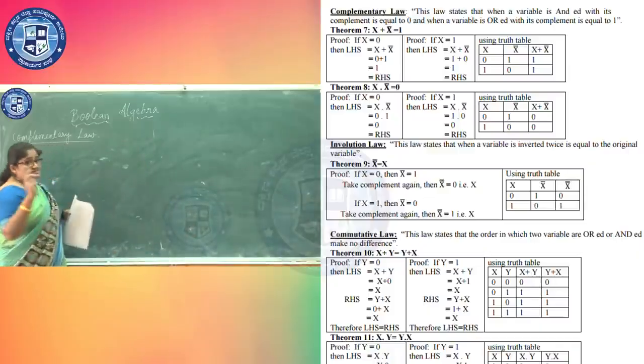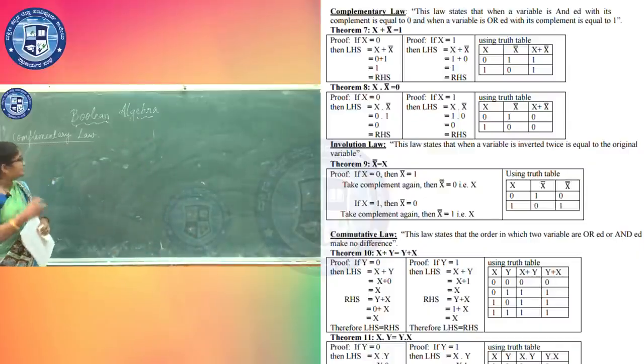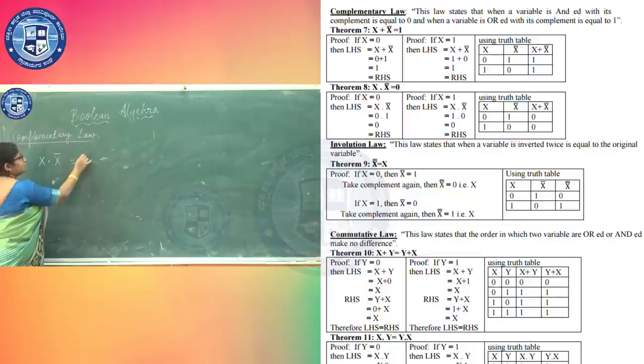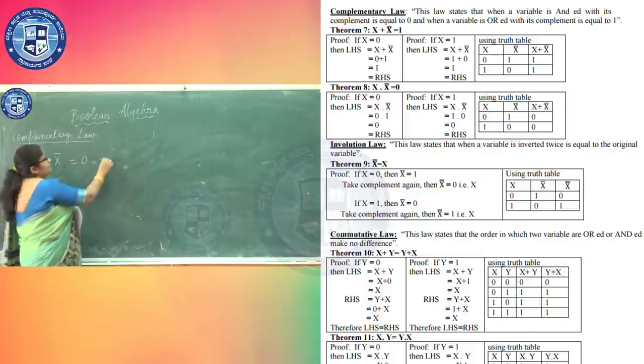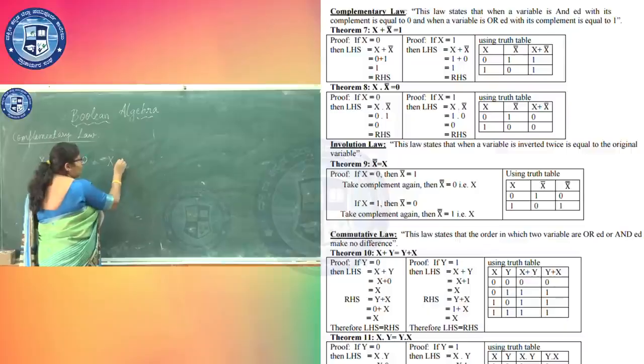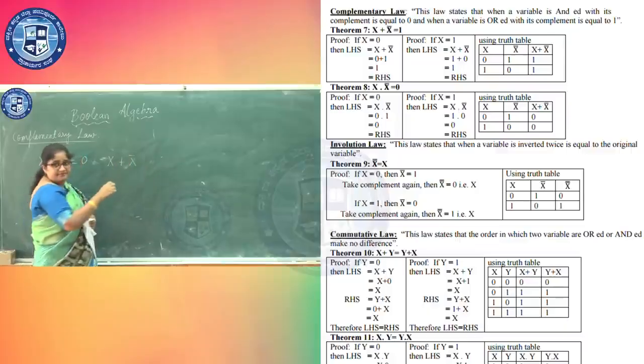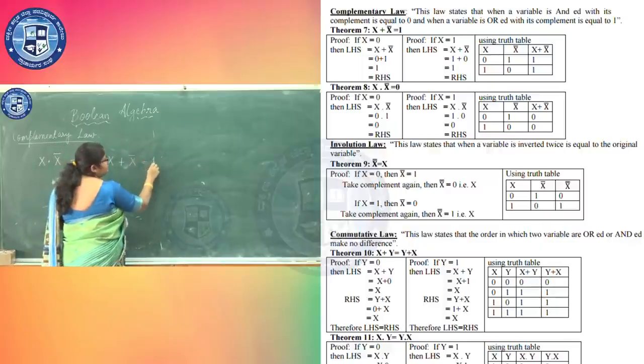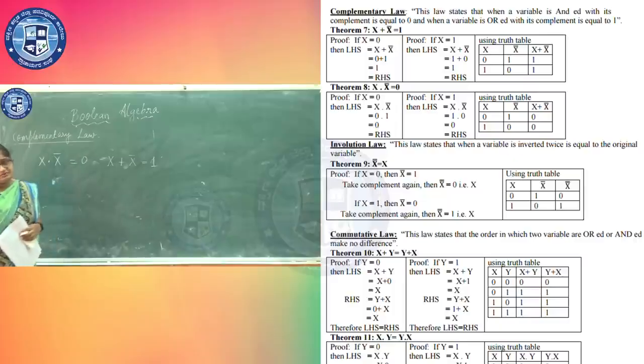I repeat, this law states that when a variable is ANDed with its complement, then that will be equal to 0. And when a variable is ORed with its complement, the value will be equivalent to 1. So this is the complementary law.